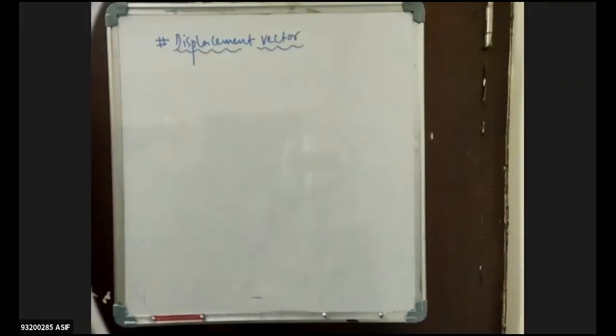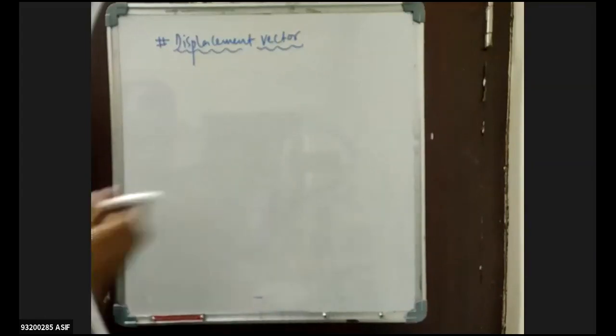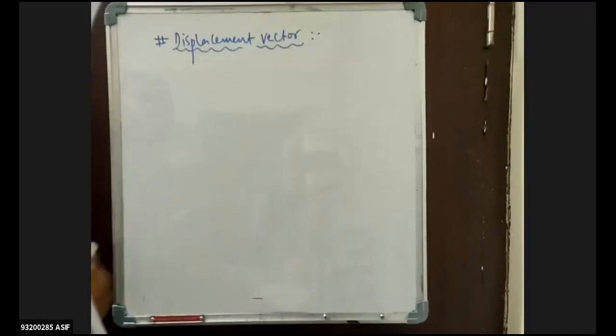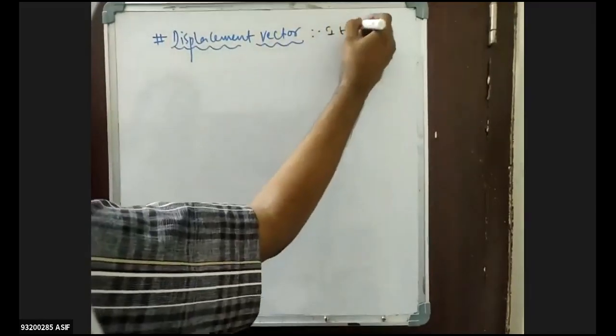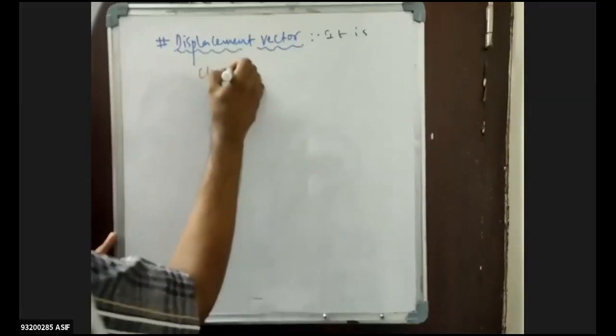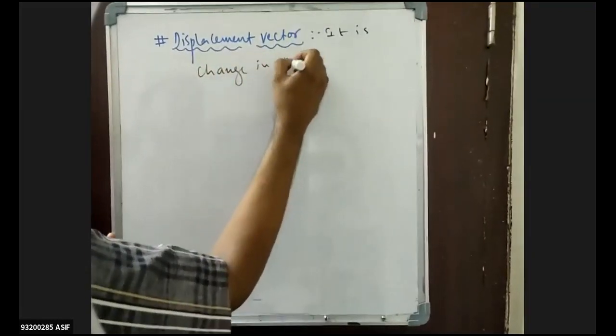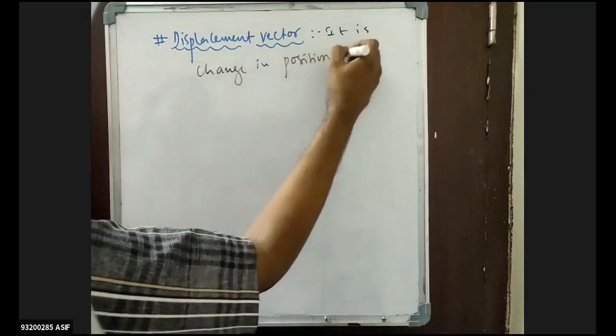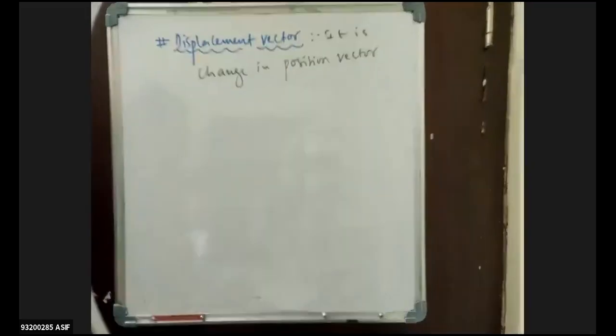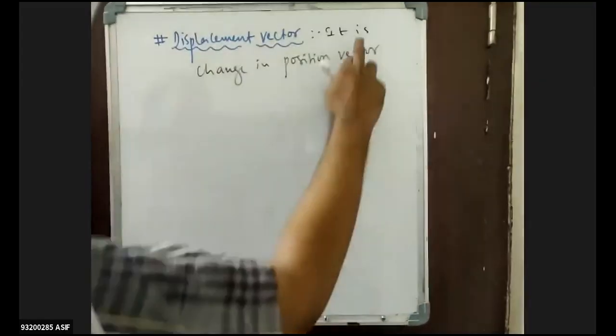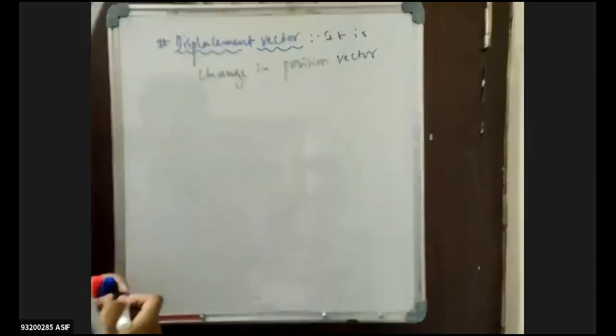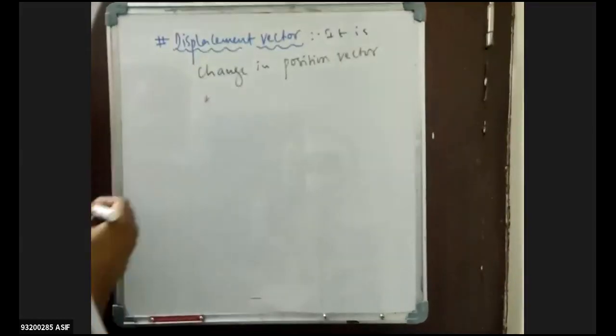If I'm talking about the displacement vector, the displacement vector is nothing but the change in position vector. It is generally denoted by S bar or anything else, but it depends upon the given condition. So it is the change in your position vector.